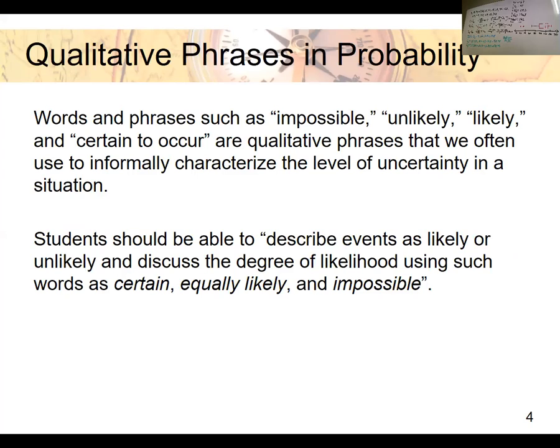Words and phrases such as impossible, unlikely, likely, and certain to occur are what we call qualitative phrases used in probability. And of course, probability is the chance that a certain event will happen. So you're going to be seeing these words or phrases in this particular concept of probability.